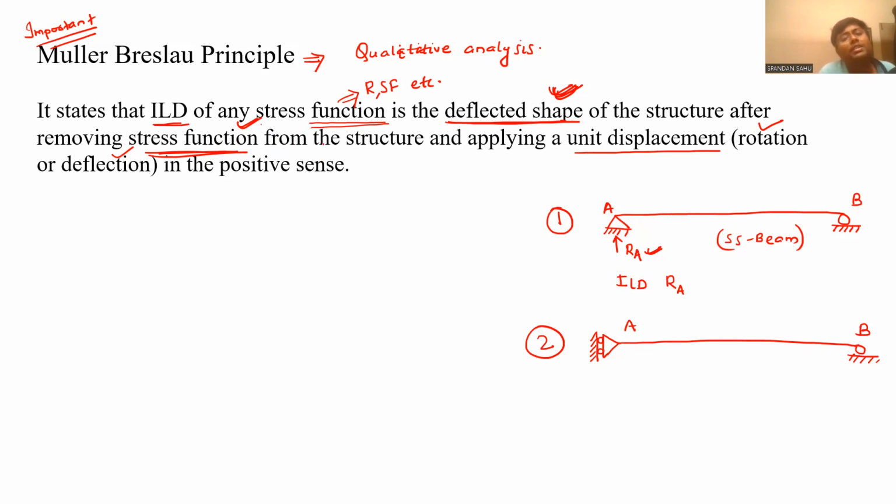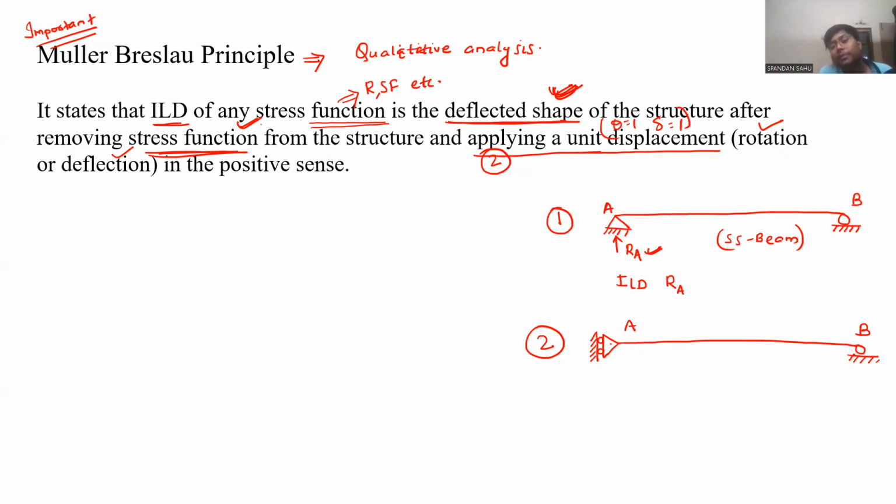Now we have removed the stress function from the structure, and the second part is, after you modify it by removing your stress function, you have to apply a unit displacement, delta equal to 1 or theta equal to 1, that will depend upon the problem, in the positive sense.